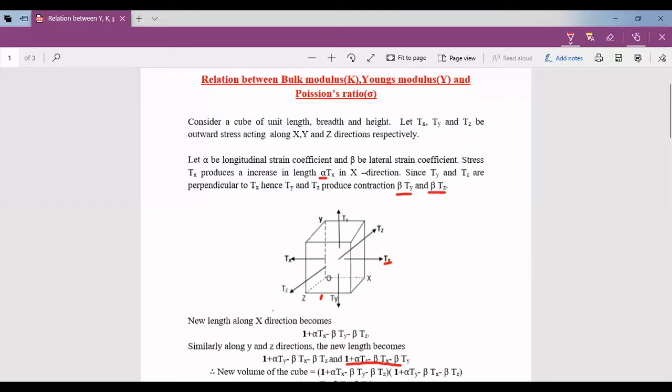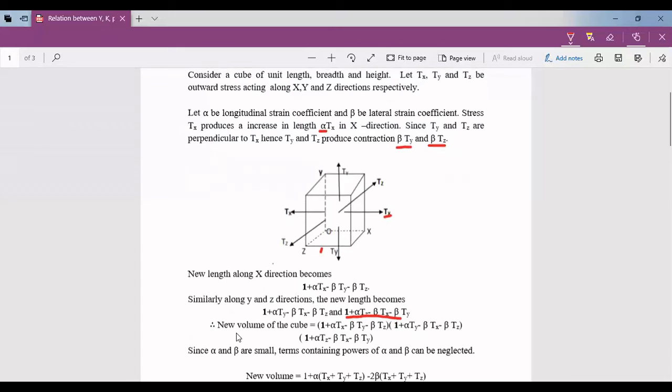So this is the new length along the y direction. And what is the new length along the z direction? The new length along the z direction becomes 1 plus alpha Tz minus beta Tx minus beta Ty. So these are the new lengths along x, y and z directions we got.